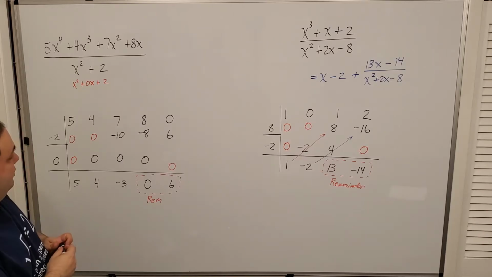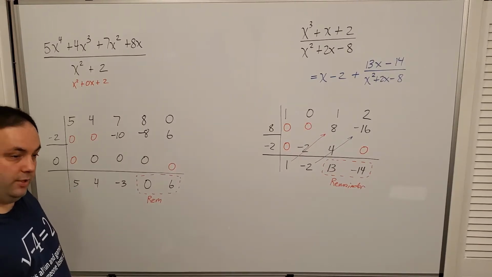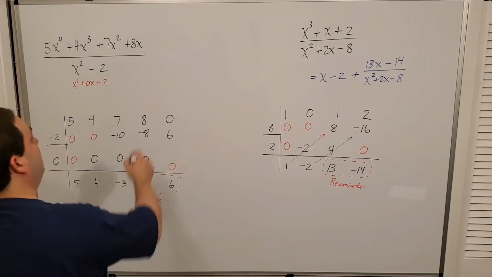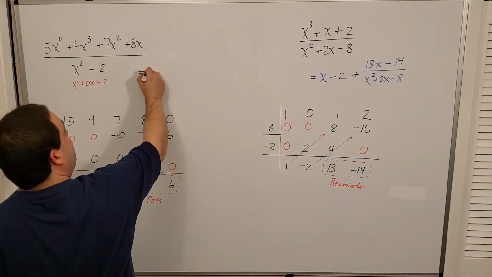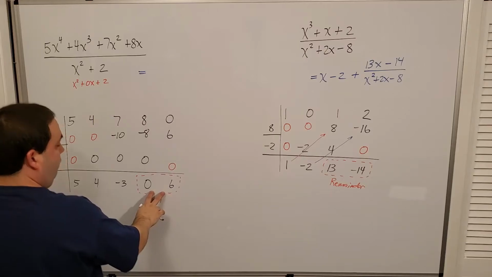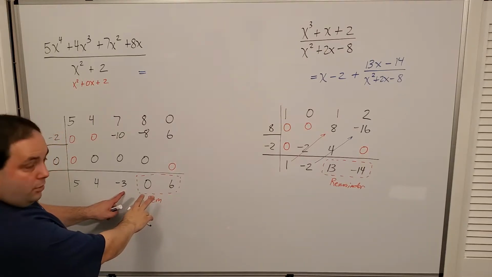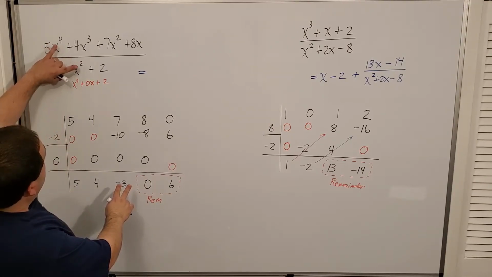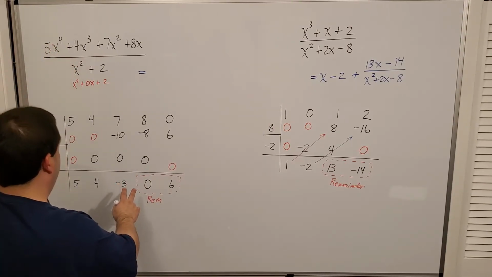Okay, so then let's write out the answer here. So then this division is equal to, now these are both remainders, right? So number x, x squared. And the x squared should make sense, right? 4 minus 2 is 2.